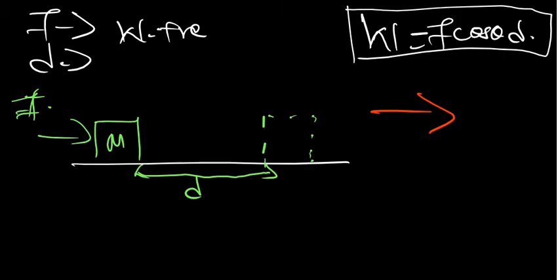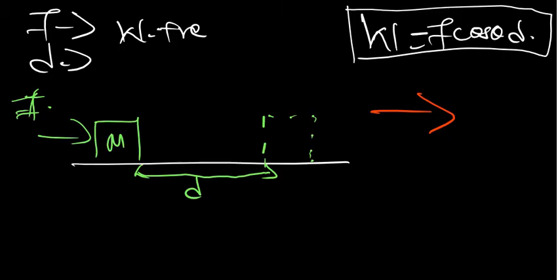Hello, what is the angle in that case? If a vector is pointing toward the positive x-axis or toward east, what is the angle? 0 degrees. Yes.